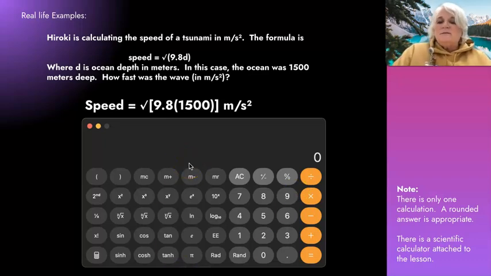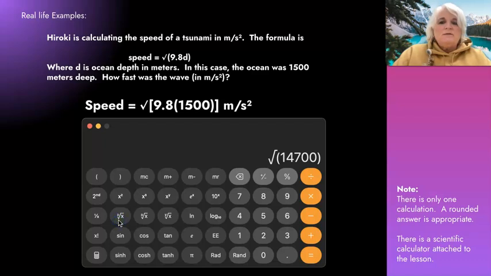On a scientific calculator, all calculators are different, but for the most part, you put in the inside first, and then you press the square root. So I have 9.8, which is 9 8/10, times 1,500, and that is equal to 14,700, and then I want the square root of that number.